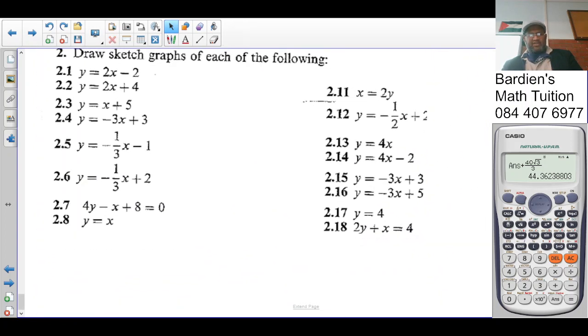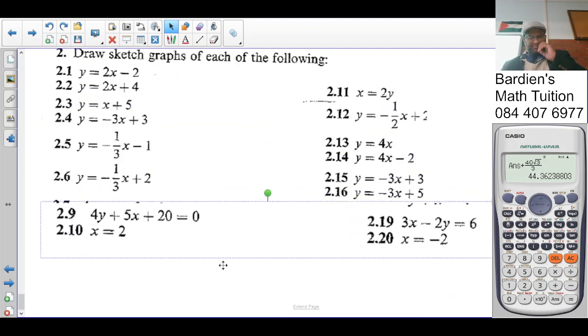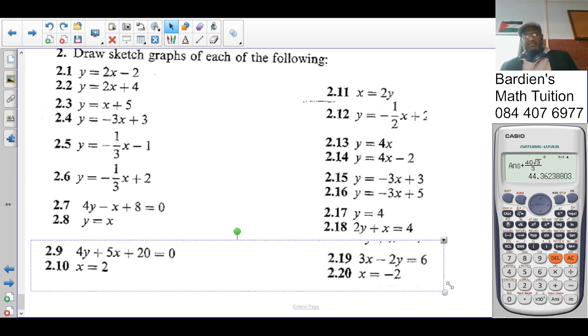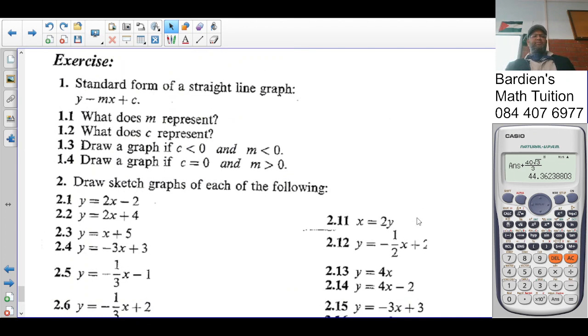I'm going to highlight for you now. It's out of the Study and Master. Exercise 1. This is the only exercise on page 71.